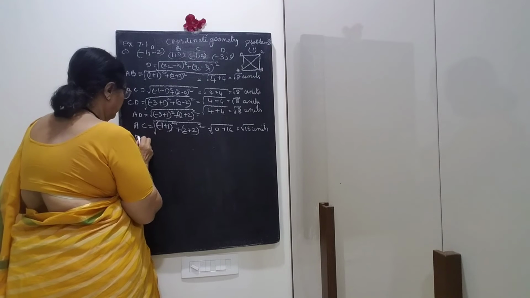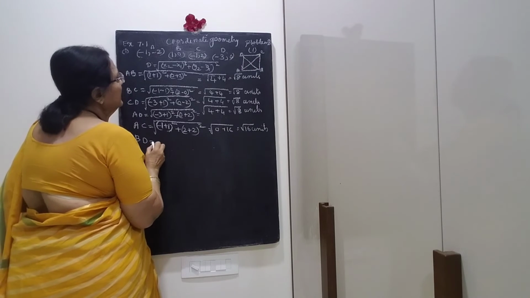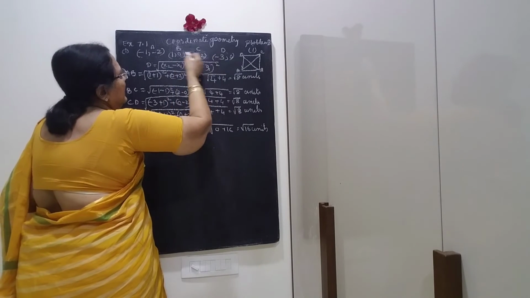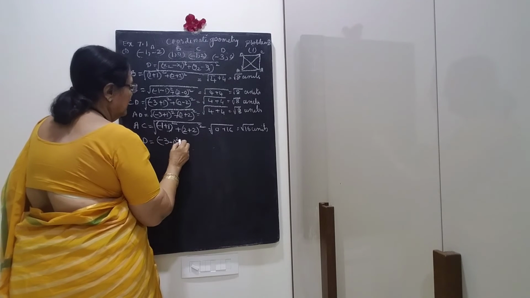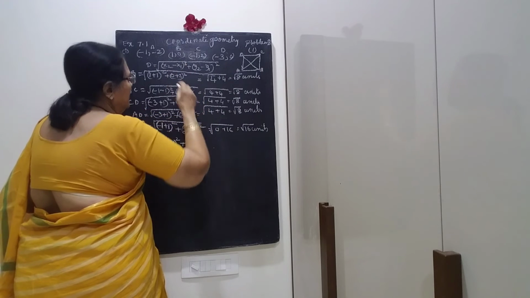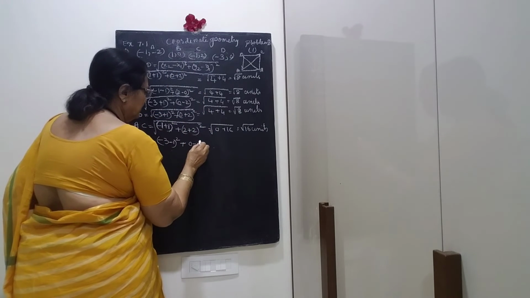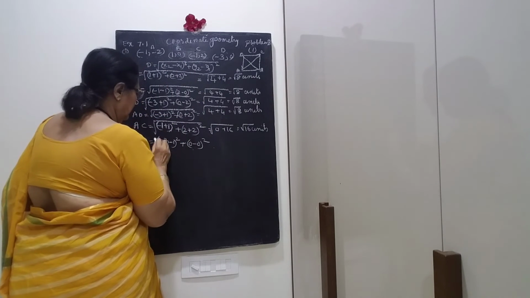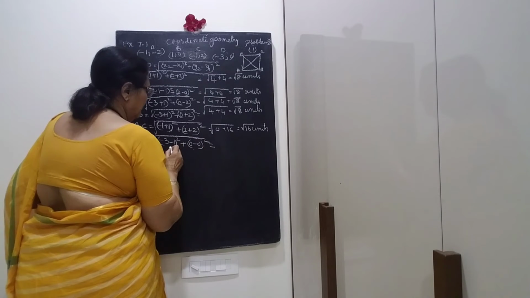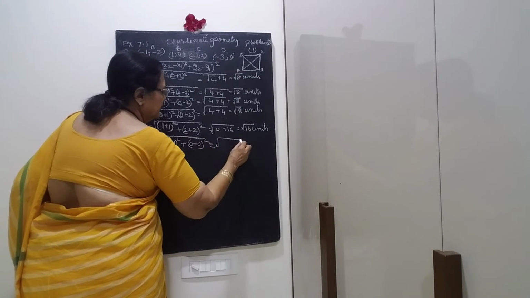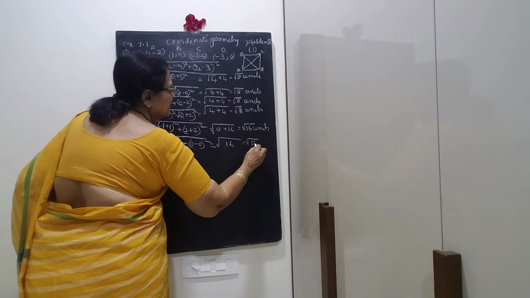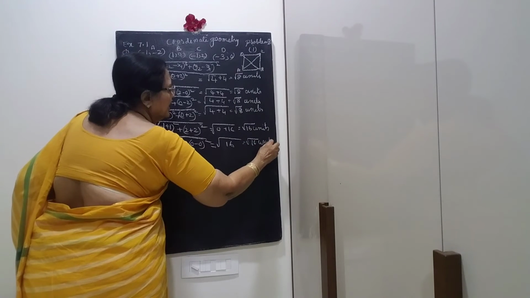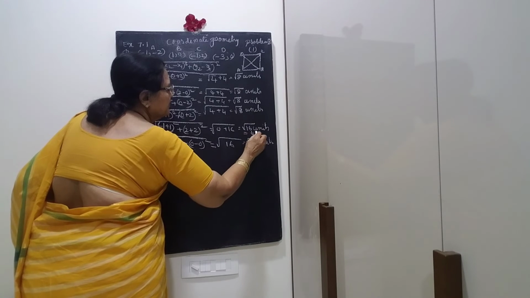BD is (-3 minus 1) whole square plus (0 minus 0) whole square. This is 4 square, that is equal to 16. So root 16 units. Now root 16 you can write 4 units also.